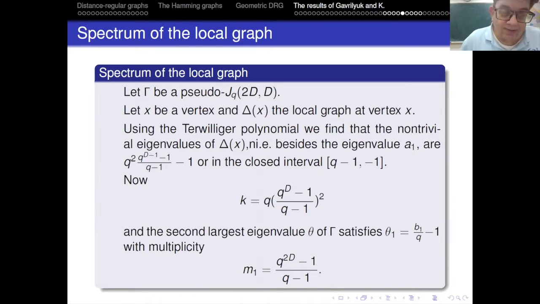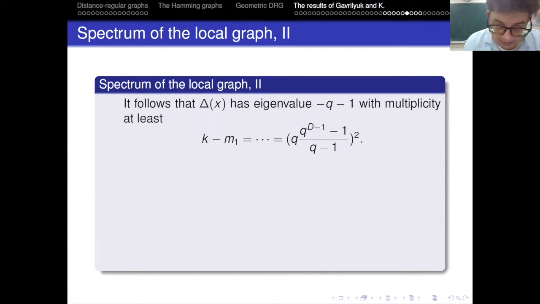So we know that the valency of the graph is Q times Q to the power D minus 1 over Q minus 1. And the second largest eigenvalue theta 1 of gamma satisfies that it is B1 over Q minus 1 with multiplicity M1, and that is Q to the power 2D minus 1 over Q minus 1.